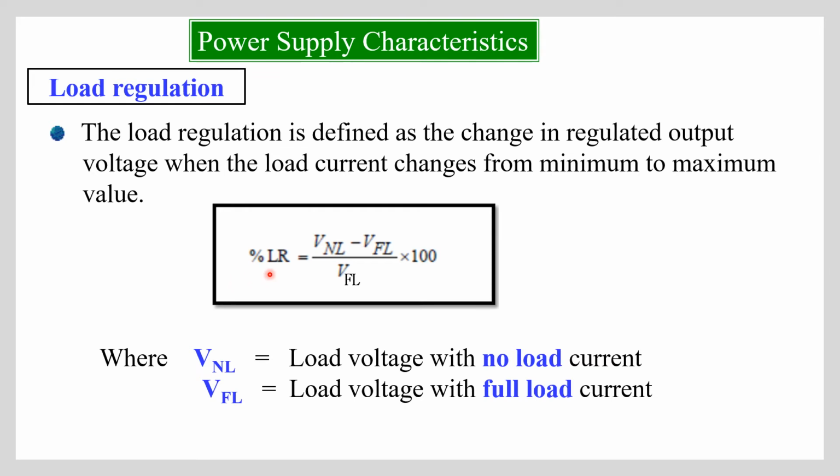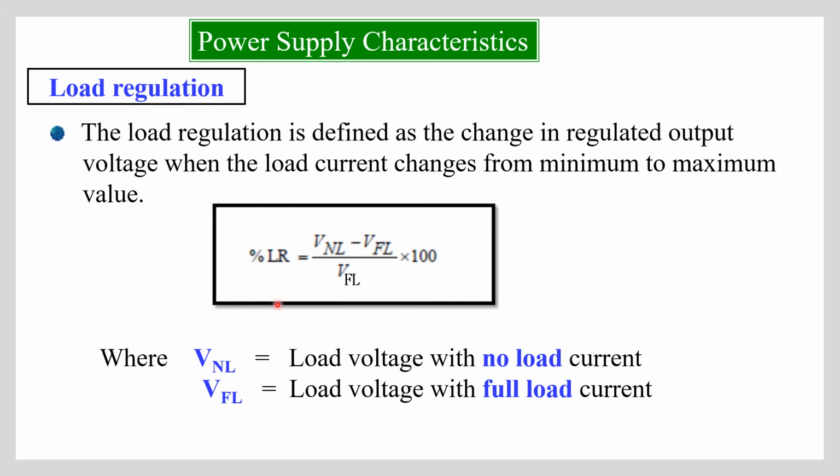The percentage load regulation, represented by LR, is equal to VNL minus VFL upon VFL, into 100, where VNL is the load voltage with no load current, and VFL is the load voltage with full load current. It is always expressed in percentage.